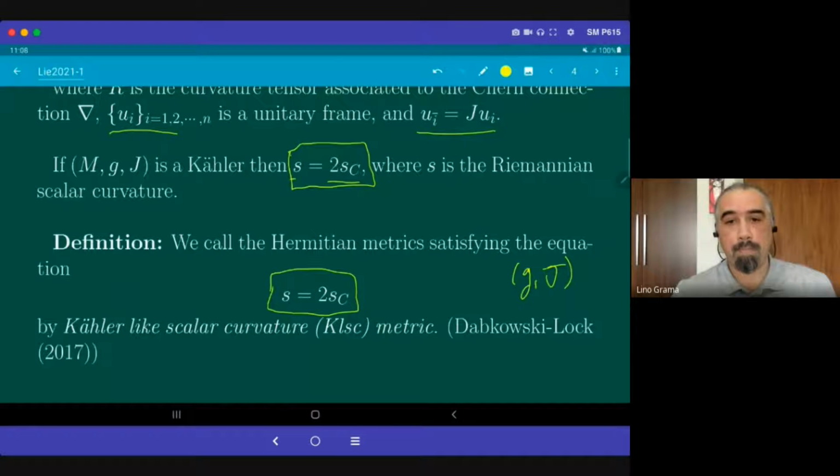We found this concept and name recently in the Angella-Otal-Ugarte-Villacampa work. But this is just a metric that satisfies this equation.